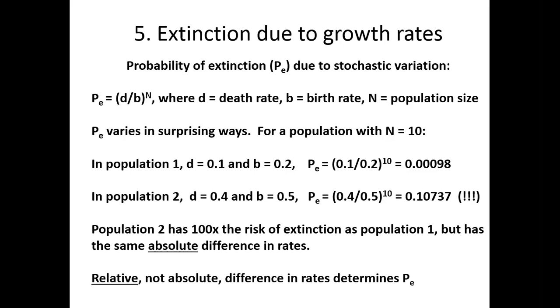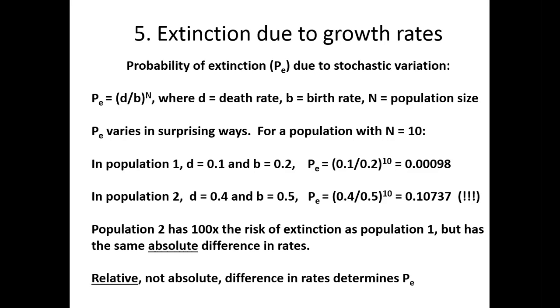But the relative difference is what matters. In the first population, the death rate was half of the birth rate. The second population, the death rate was 80% of the birth rate. So randomly, you can get much higher death rates associated with crashing birth rates more easily in that second population.